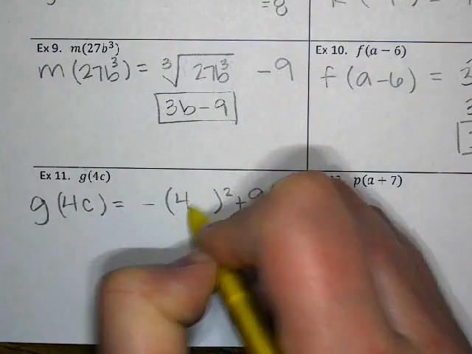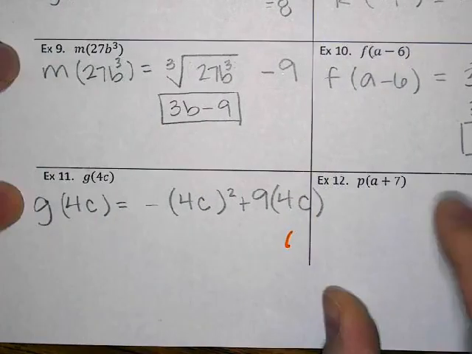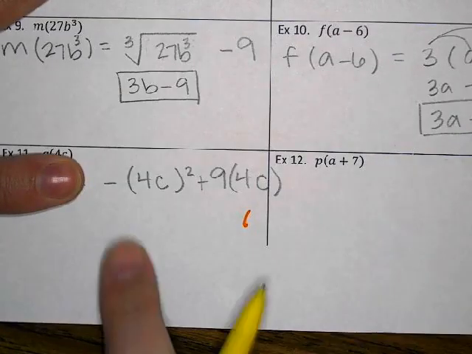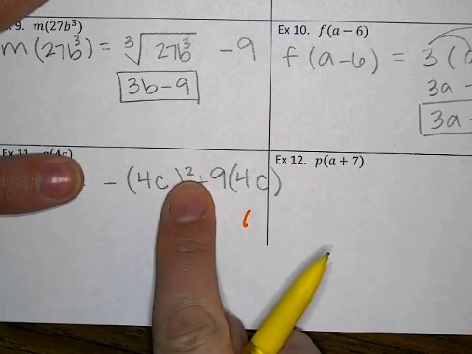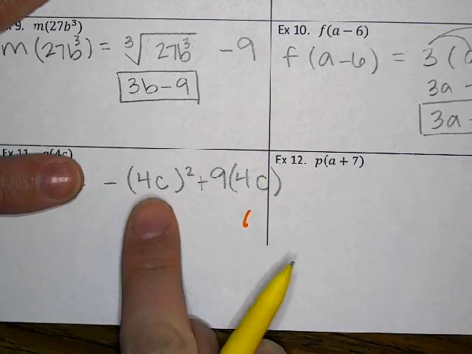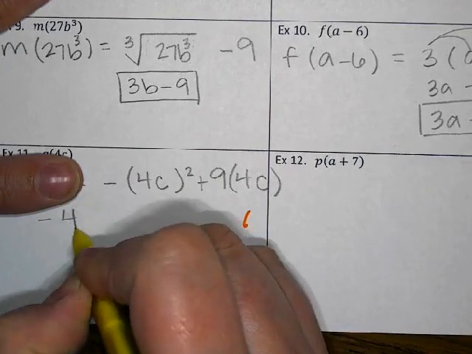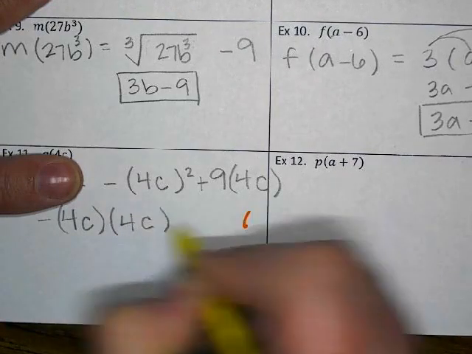So I don't need this part. This is just my notation, so I'm going to ignore it. This says negative, the negative version of 4c squared. So the negative version of 4c multiplied by itself. The negative version of 4c times 4c. Okay, plus 9 times 4c.